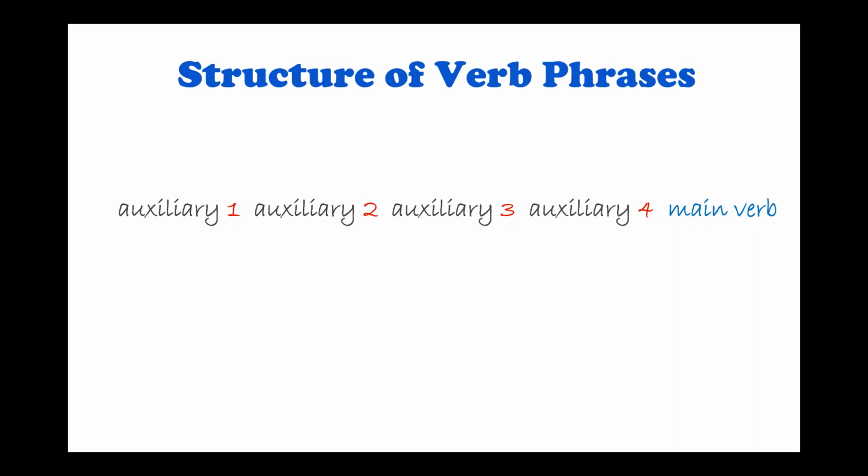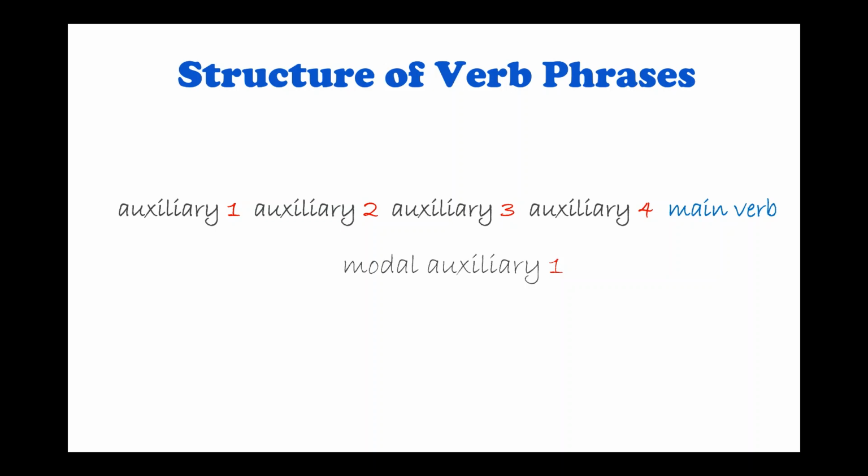And since we could have more than one word in the verb phrase, you need to understand that the possible auxiliaries that can occur in a verb phrase should be arranged in a certain order.